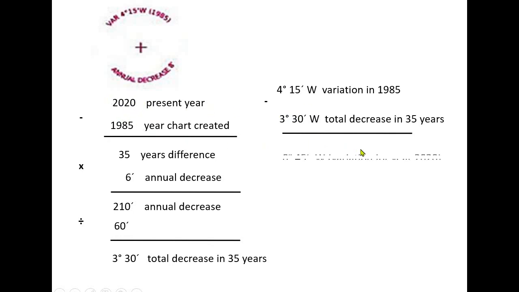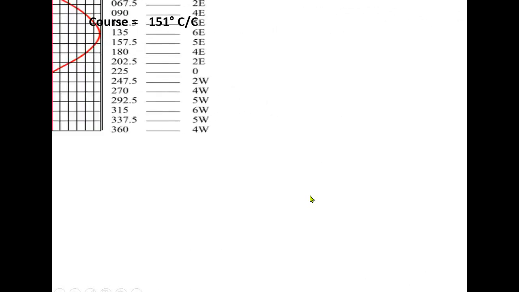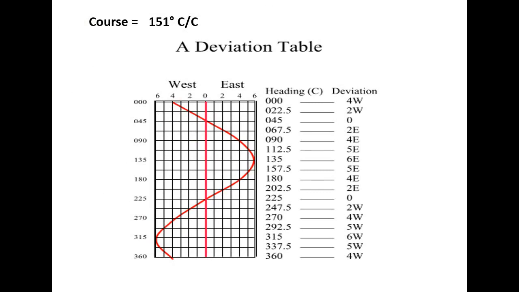So the answer is, of course, 0 degrees 45 minutes west. That's the variation for the year 2020, our example. Now round up: 45 minutes is more than 30, so round to 1 degree. 1 degree west. Next step is to find the deviation.